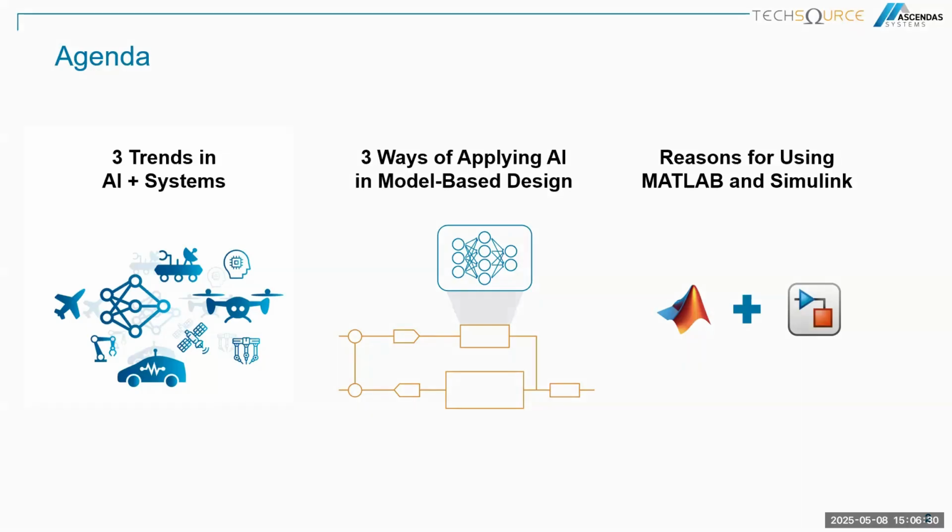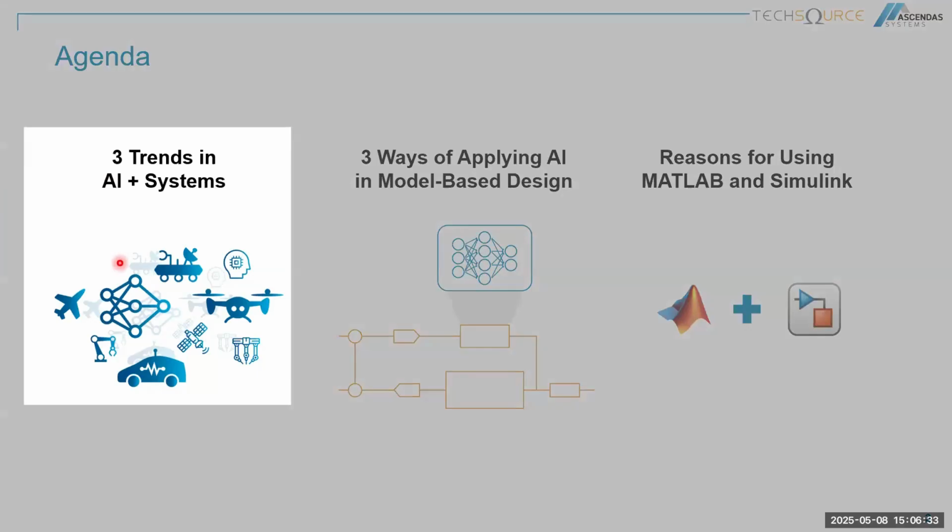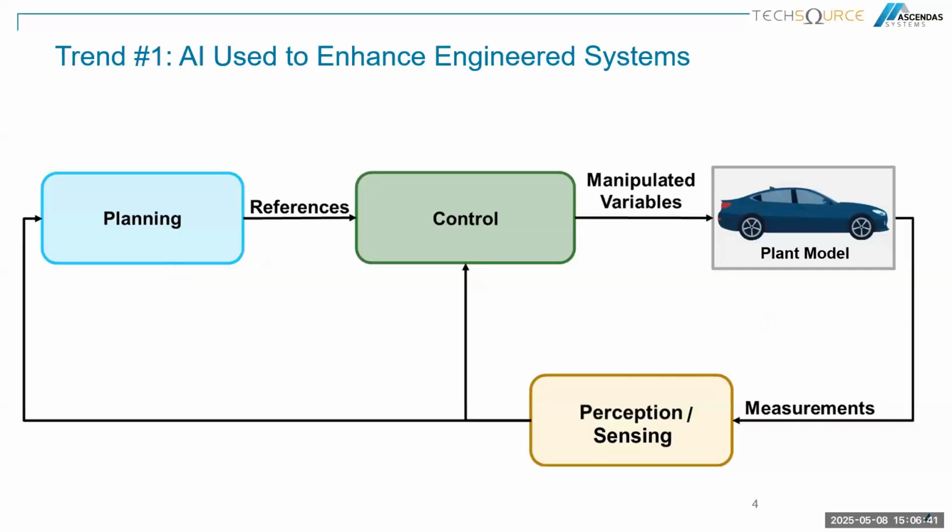At first, I will give you the overview of AI and AI within the system. The first thing is the increasing adoption, the increasing application of AI to enhance our traditional methods. Here is a system-level architecture diagram that helps us visualize the different components of the design, including the plant models, controllers, and perception and sensing.